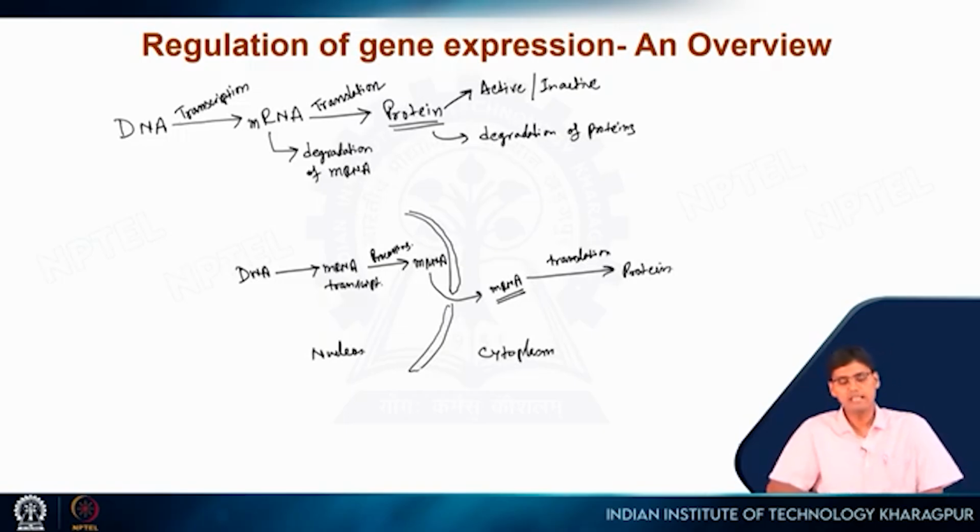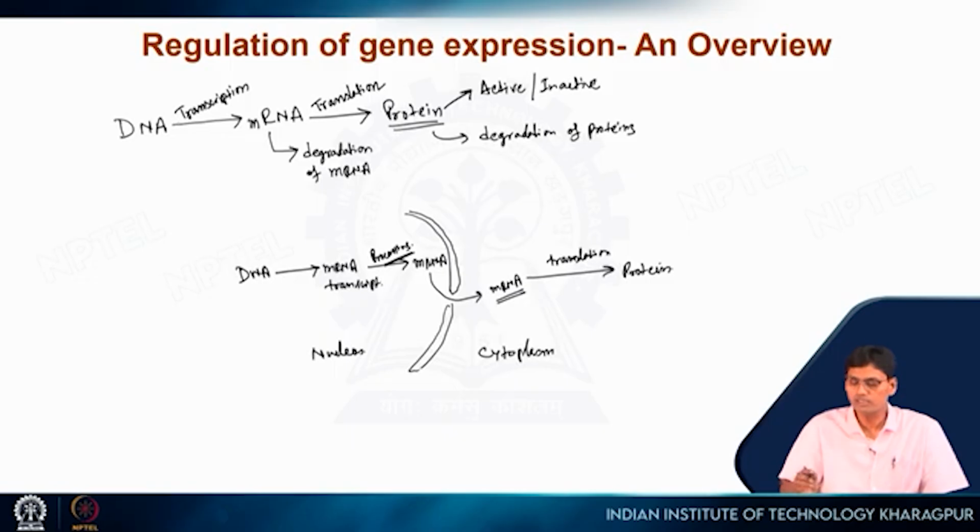Now specifically I would like to mention this processing step here. During processing, at the 5' end of the mRNA, the addition of a 7-methylguanosine cap, and at the 3' end a poly A tail should be added, and also very importantly there are many introns present in eukaryotic genes, but those introns should be removed, and finally we will have our mature mRNA without introns.